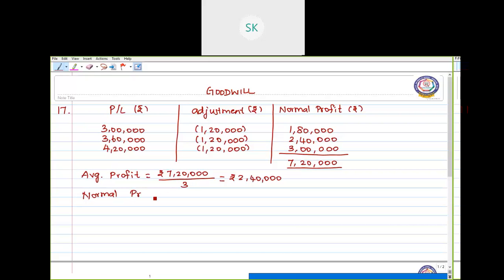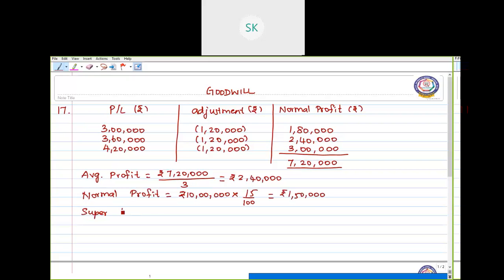Normal profit is equal to capital employed into normal rate of return by 100. The capital given in the question is rupees 10 lakh into the normal rate of return given in the question, 15%. So 15 by 100. You will get 1 lakh 50,000 rupees as the normal profit.